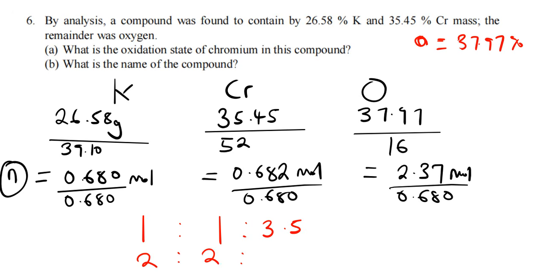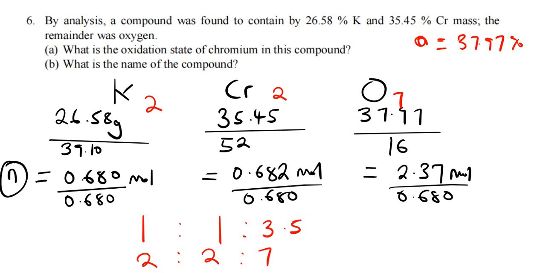But when I multiply 3.5 by 2, what do I get? 3.5 plus 3.5, that is 7. So I'm getting 7. 7 at least is a whole number. So the formula for potassium dichromate is going to be 2, 2, and 7. Okay, that would be our formula.